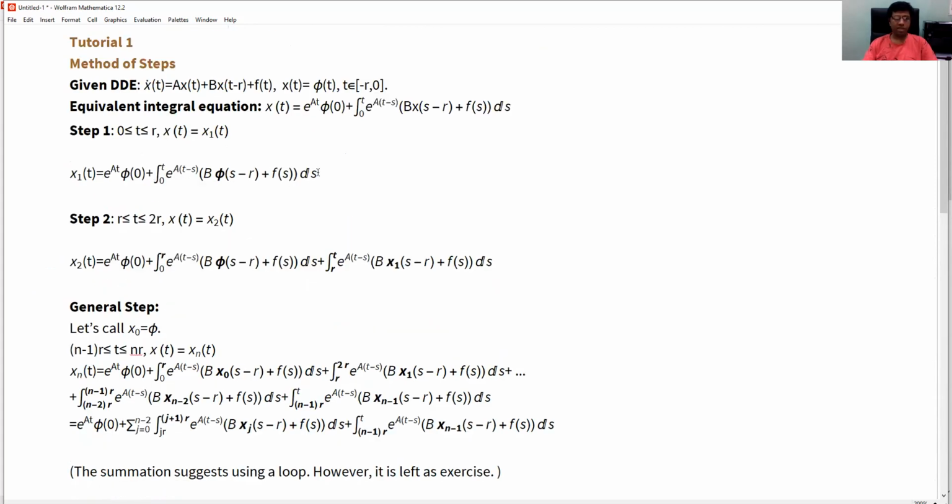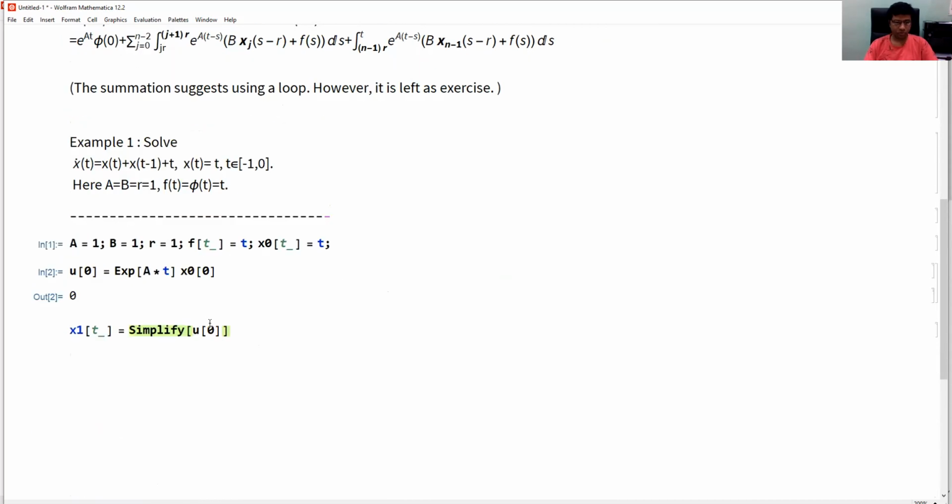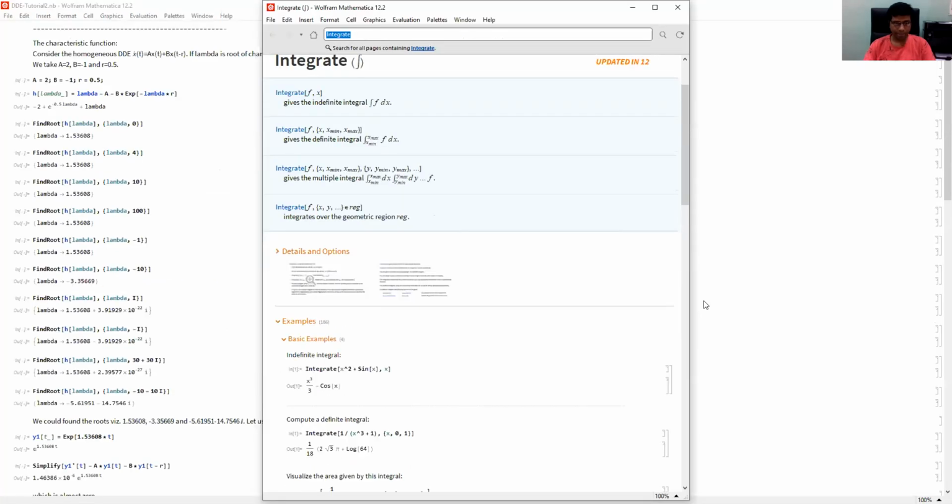Now we need the integration. There is a Mathematica command, Integrate. So we are going to use Integrate, with I capital. What is the syntax of Integrate? The first entry should be our function, comma, then there will be a list whose first entry is the variable of integration, then limits. x min means lower limit, x max means upper limit.